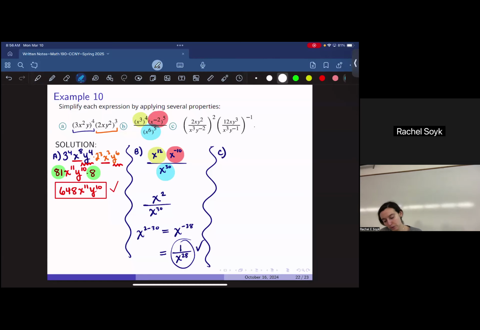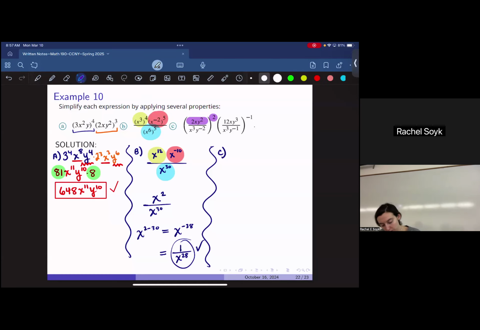Our last example, we have 2 separate fractions. So don't forget to distribute that 2 to each term in the numerator as well as the denominator.